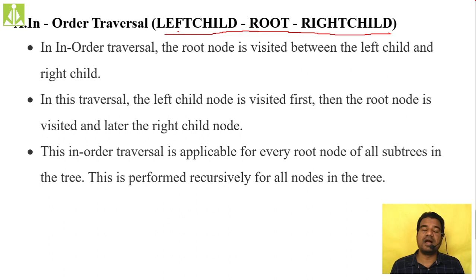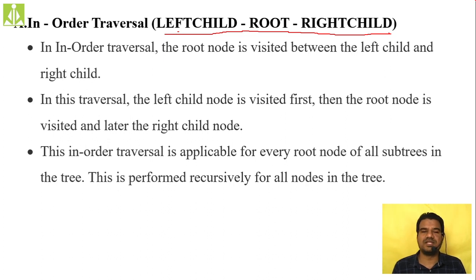That's why all operations in a tree, or tree implementation, are recursive. Recursive means the same thing we repeat at different stages. So this is performed recursively for all the nodes in the tree. As I already explained, the order is left child, root, and right child. This you have to remember and understand.